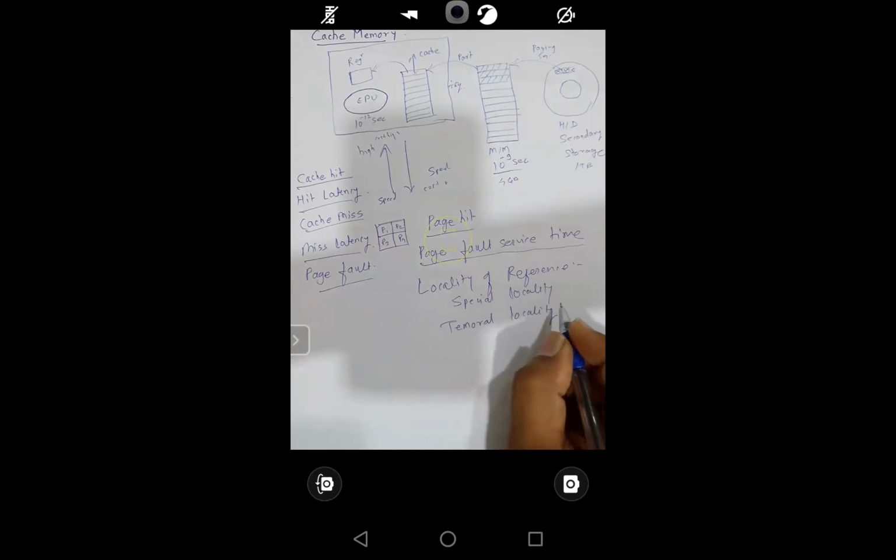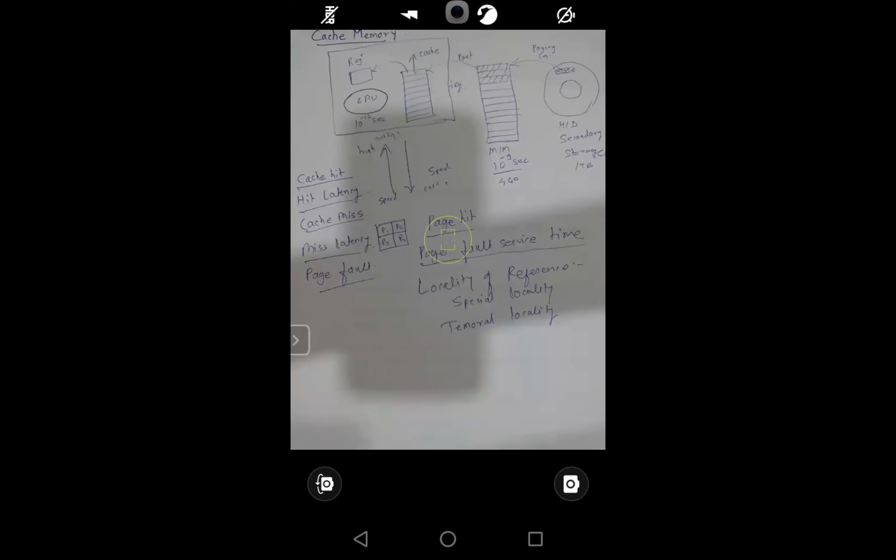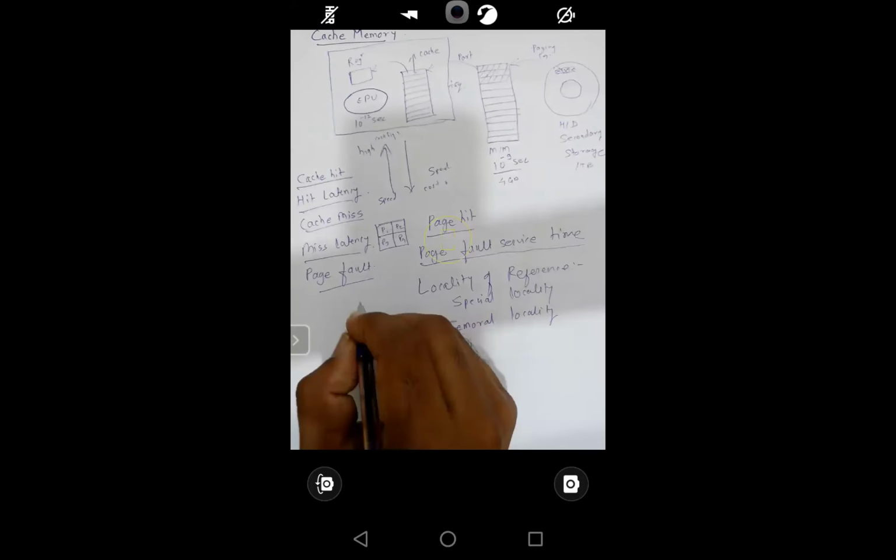So what is spatial locality? Spatial locality means a particular element is in close proximity to an earlier element. Here there are multiple elements.